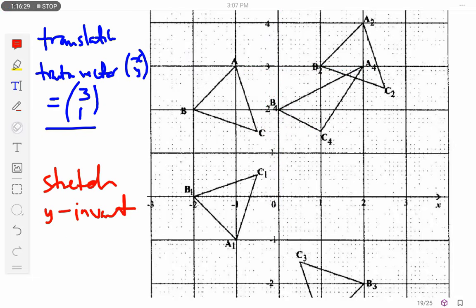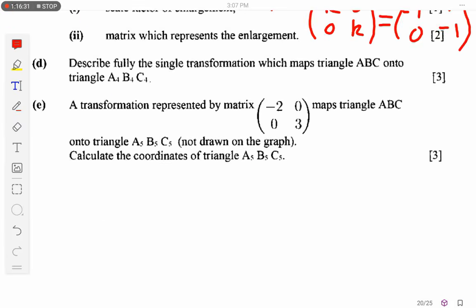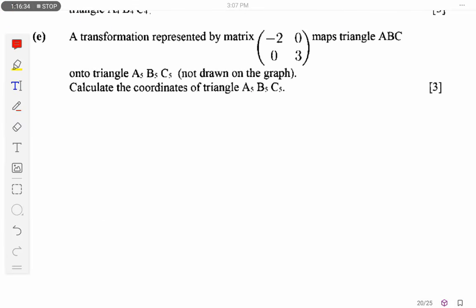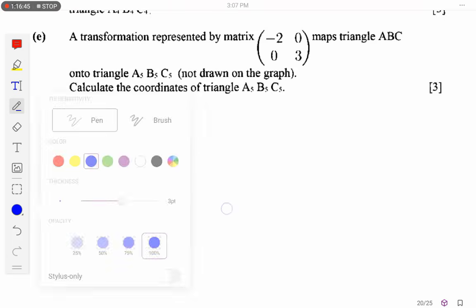Let's move on to the next question. A transformation represented by the matrix minus 2, 0, 0, 3 maps the points to A5. Then they want the coordinates. Basically, you just multiply the way you will multiply.